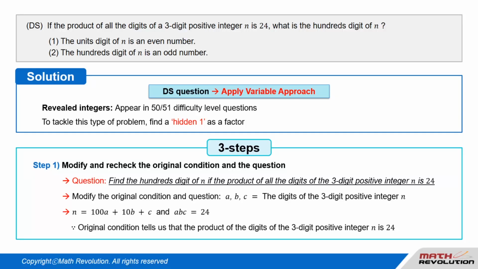Let a, b, and c be the digits of the three-digit positive integer n so that n equals 100 times a plus 10 times b plus c, and a times b times c equals 24, since the original condition tells us that the product of the digits of n is 24.